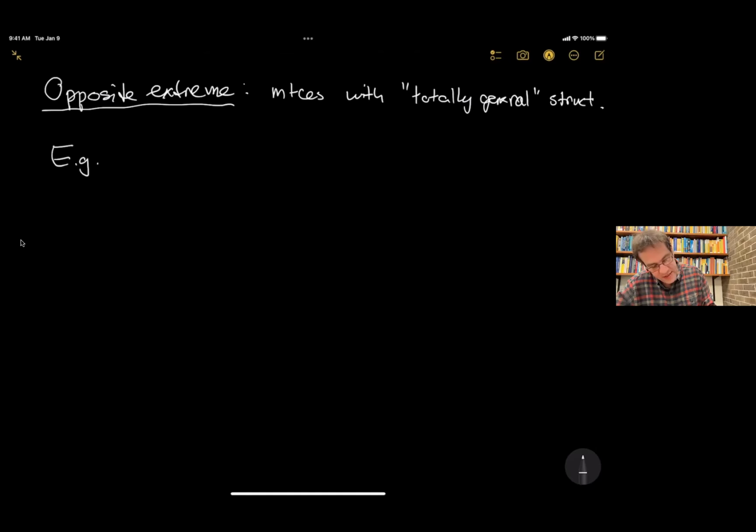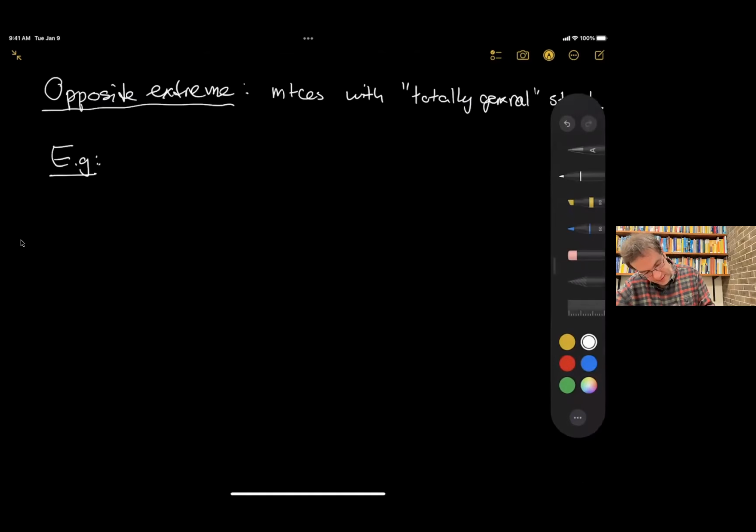And as a guiding example, I want to take the following one. Suppose that X is a D by D, let's make it self-adjoint, random matrix. And the only thing I'm going to assume about its entries is that they're jointly Gaussian.